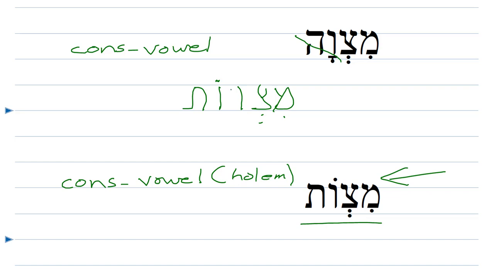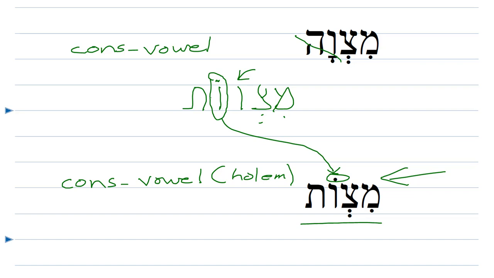So what's happened here is that we drop out the vowel letter and we convert it to a simple holem. So here we have the holem. So this vowel letter has been converted to a holem. So we have mitzvot. Again, it's consonant vowel. Here we have consonant vowel. This is a vowel letter.